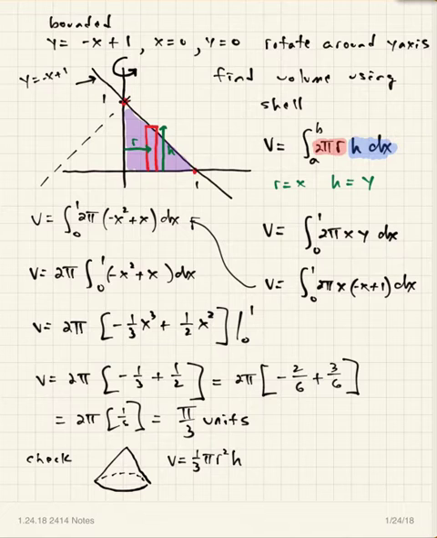R is the radius of the circle on the bottom, which in this case, the radius would be 1 if you look at the picture up there. And the height is just the height of the cone, which is 1. And so notice you get 1/3 times pi times 1 times 1, and sure enough, you get 1/3 pi. So this is a problem where we could actually check the volume of that thing, because it ended up being a regular geometric figure, which doesn't happen very often, but in this case it did. So we might as well take advantage of that a little bit.